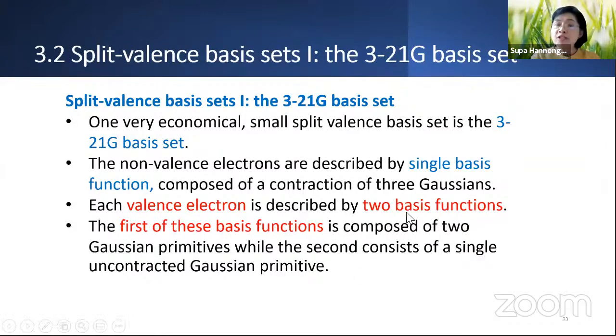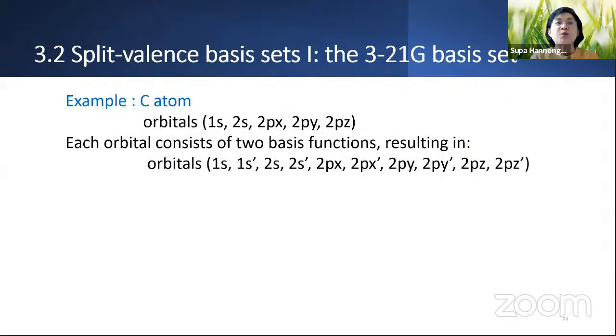For the 2 basis functions, the first is composed of 2 Gaussian primitives, while the second consists of a single uncontracted Gaussian primitive. If you still remember primitive, let me show you an example, then you can understand clearly the 3-21G basis set.